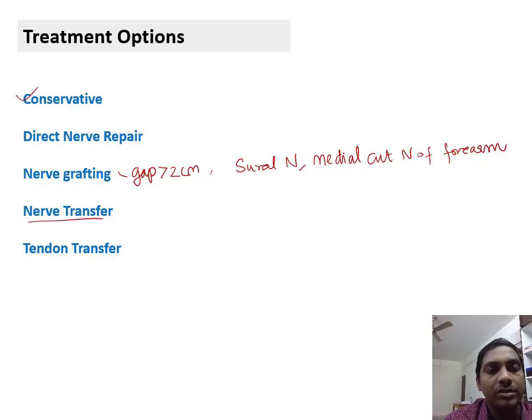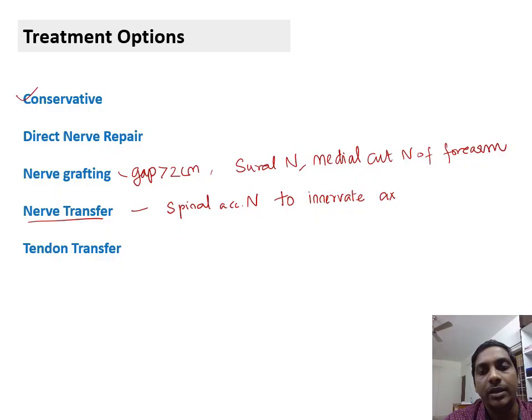The common nerve transfers we use in the brachial plexus are, number one, the spinal accessory nerve, that is cranial nerve 11, to innervate the axillary nerve to supply the deltoid. Number two, you can use intercostal nerves to innervate the median nerve or ulnar nerve.